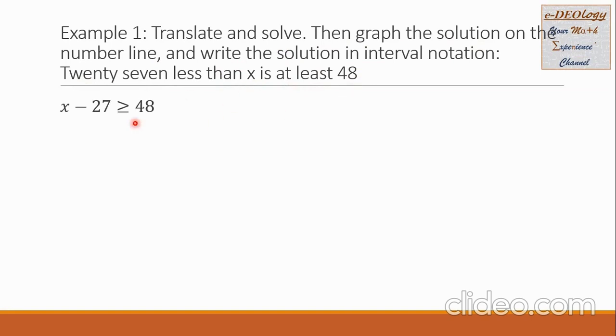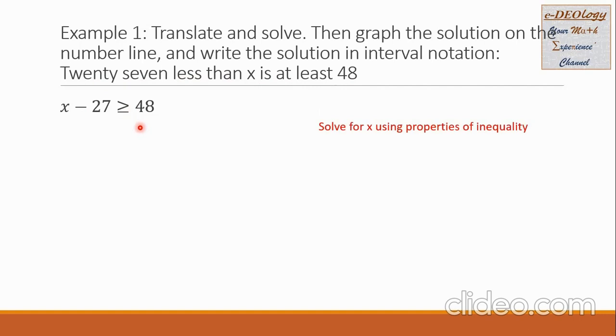The x we will write first. The word less than denotes minus, and the 27 is now written as a number. The word at least is greater than or equal to, and that number 48.